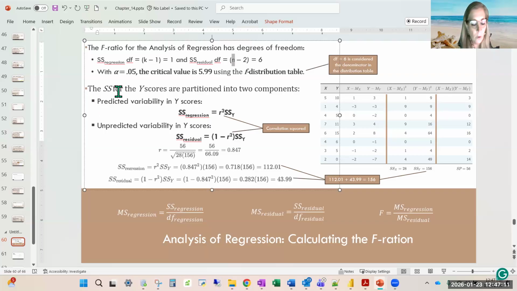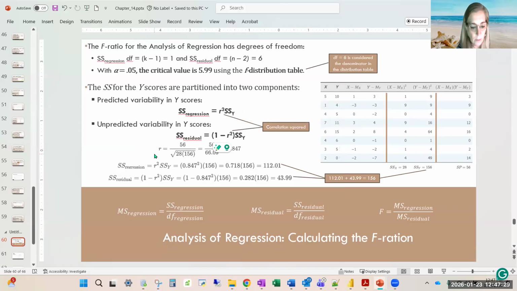For the sum of squares for the Y-scores, these are partitioned into two components, predicted and unpredicted variability. So for SS regression, if you recall, this formula we briefly mentioned a moment ago, this is how you calculate it.